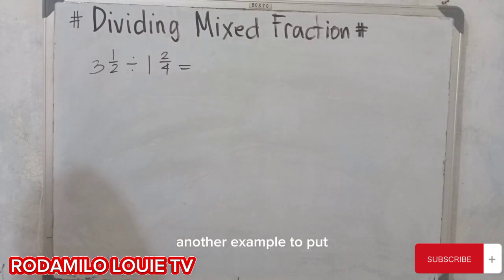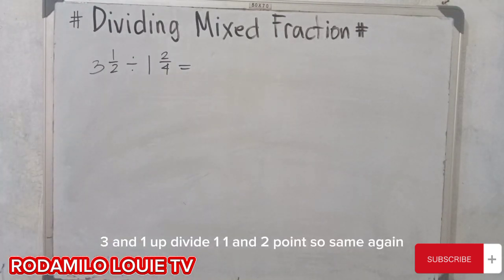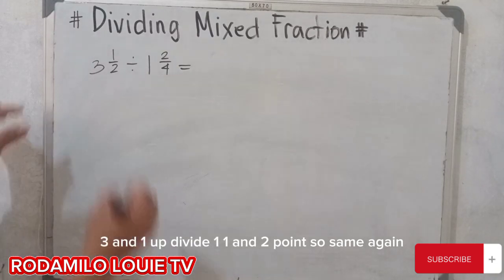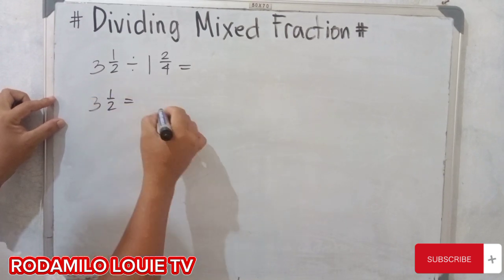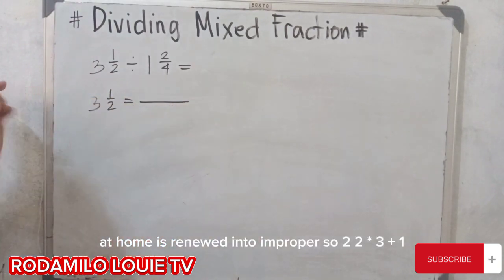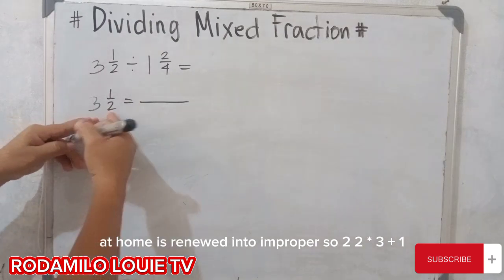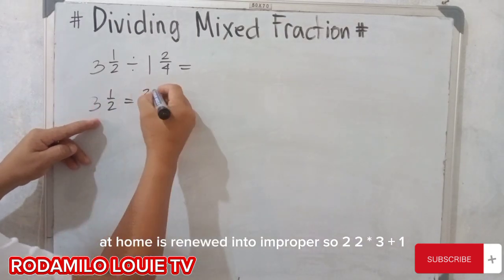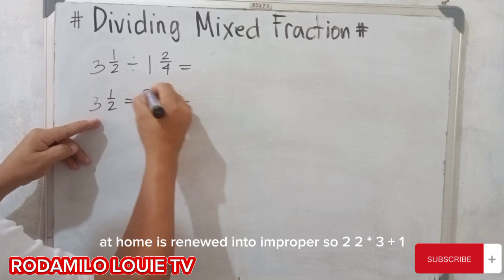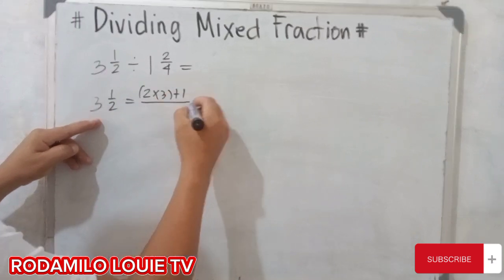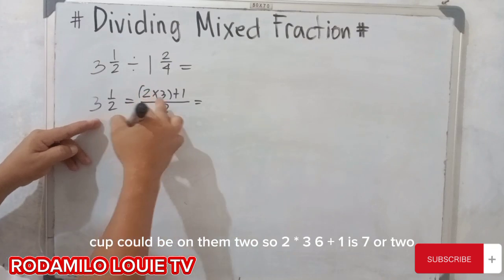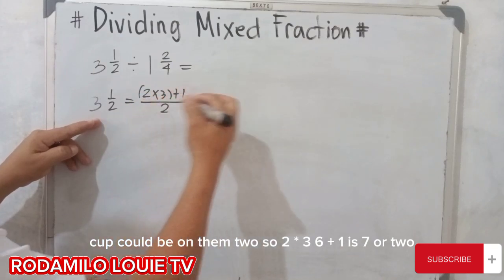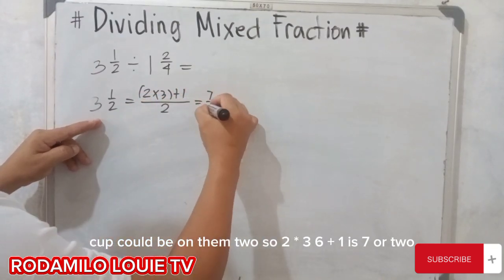Okay, another example: 3 and 1/2 divided by 1 and 2/4. Same again. 3 and 1/2, we rename into improper: 2 times 3 plus 1. Copy the 2. So 2 times 3, 6 plus 1 is 7 over 2.